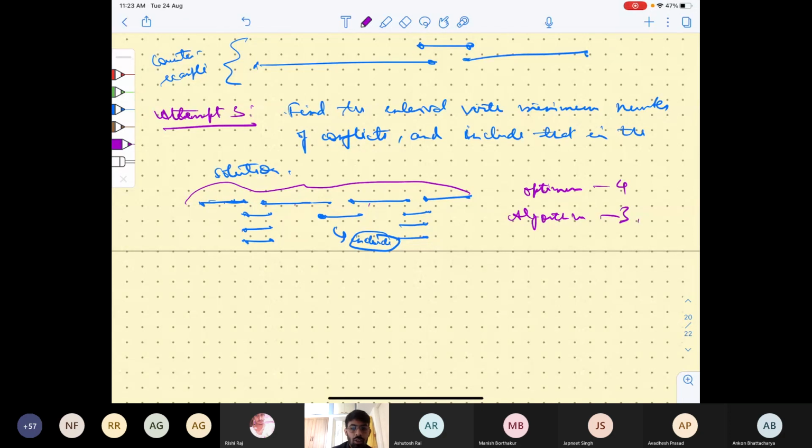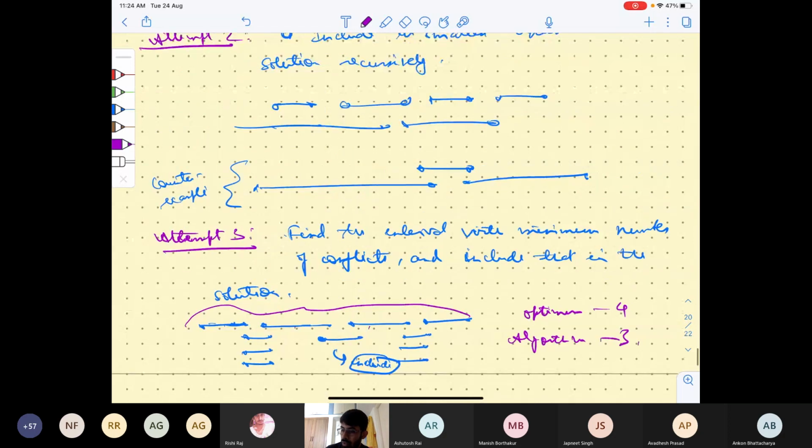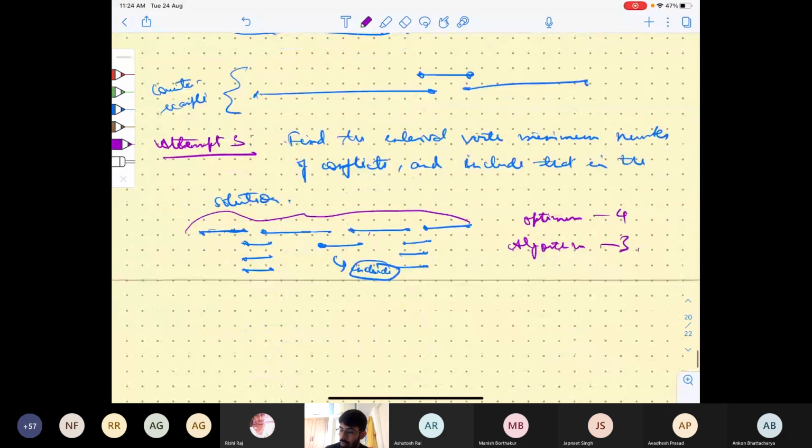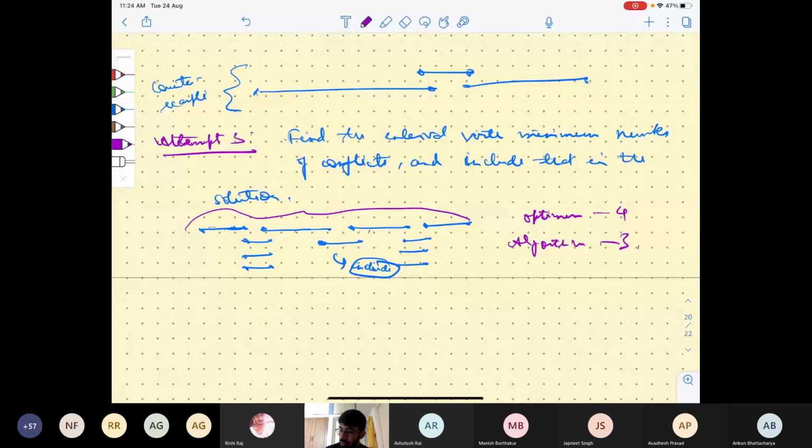Any questions till now? The algorithm actually includes this one because this has only 2 intersections. Every other interval has 4 intersections. Since you include this, you cannot include this, and you cannot include this. And now out of these 4, only one can be included, because they all intersect.